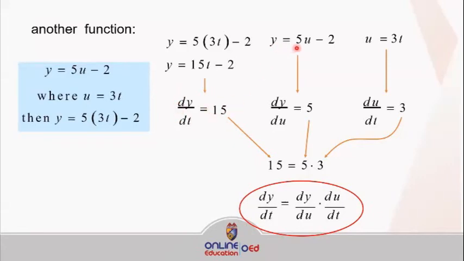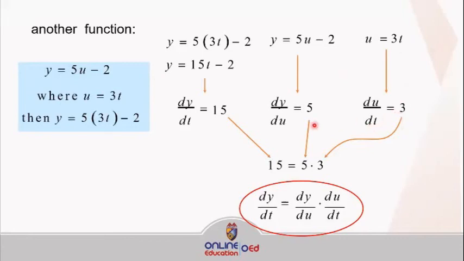While for the y is equal to 5u minus 2, i-derive lang natin siya. For 5u, we have 5. And for the negative 2, 0 lang din siya. So therefore, dy over du is equal to 5. And for the u naman natin, which is equivalent to 3t, derivation nito is equivalent sa 3. Therefore, du over dt natin is equal to 3.